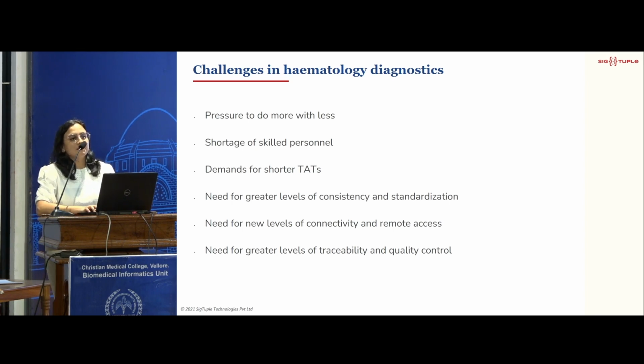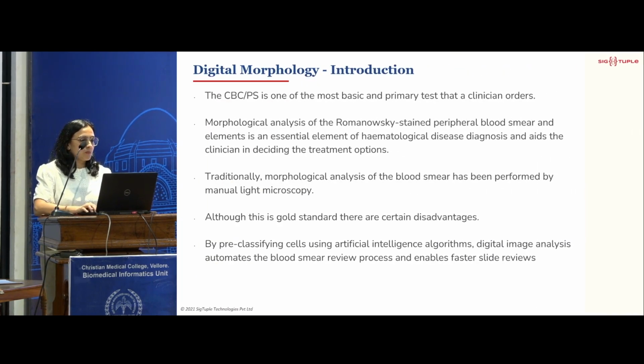Suppose the clinician is not happy with your report, you can always ask another pathologist who is more adept in the subject. Someone like from Tata can review the slide and tell you, yes, this is acute leukemia, and your primary pathologist is right. So that is the use of our AI 100.